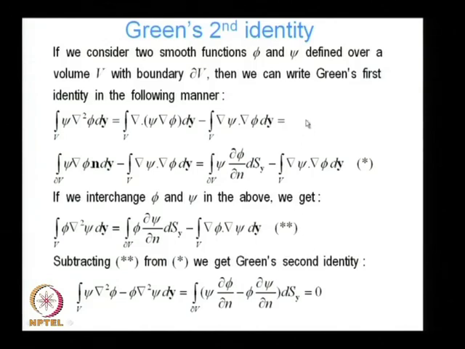The gradient part vanishes because it is identical to that. So we have psi Laplacian of phi minus phi Laplacian of psi integrated over the volume, which must be equal to psi del phi del n minus phi del psi del n integrated over the area. That is my Green's second identity.